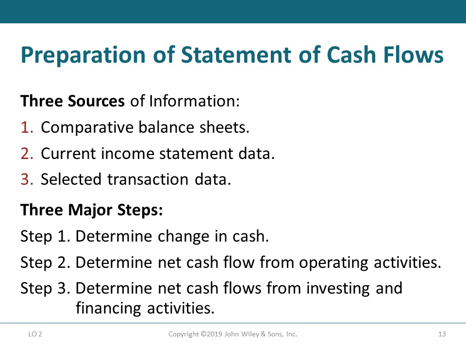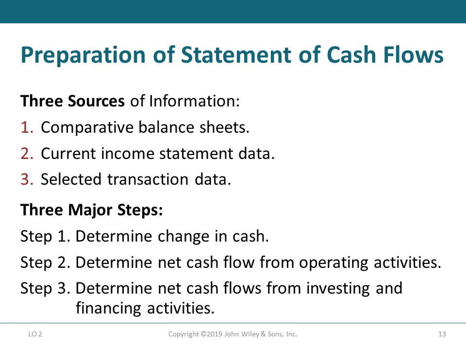These are the three major sources of information. So you should have comparative balance sheets, current income statement data, and selected transaction data. And we have to follow three major steps to prepare the cash flow statement. First step is to determine the change in cash, how cash changes from one period to another.